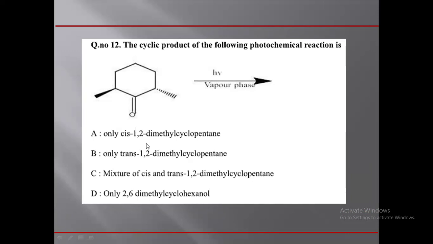D is only 2,6-dimethylcyclohexanol. So here the answer is C. Why? You can see the stereochemistry. Here we get a racemic mixture. It may be cis or trans, 50% cis and 50% trans. The stereochemistry cannot change.